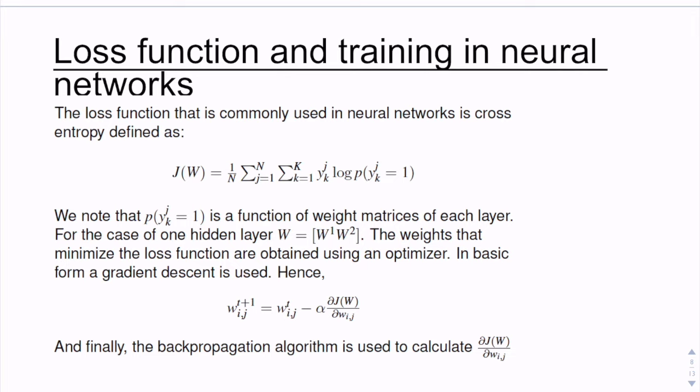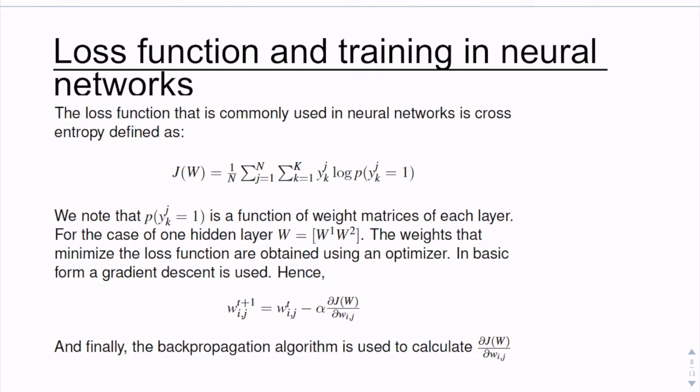So what we use here is called the cross entropy. Cross entropy is a probabilistic distance measure, which shows how close two probabilities are to each other.